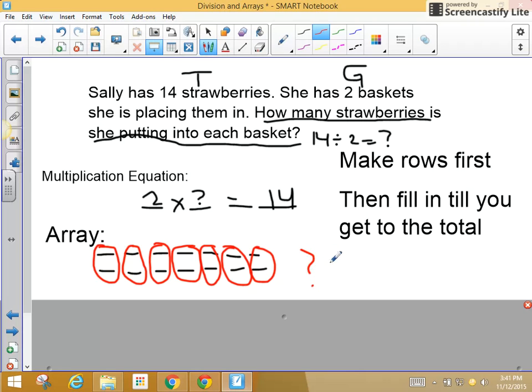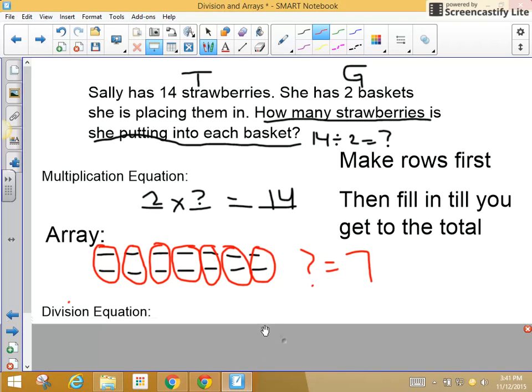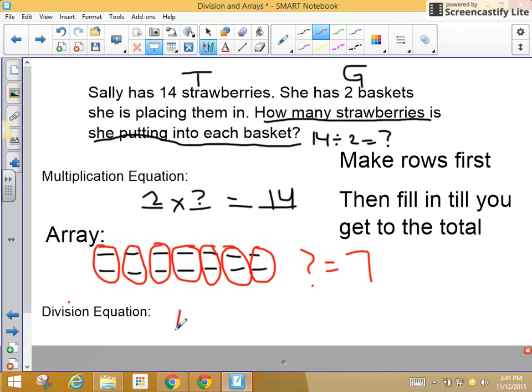It actually equals something now. The question mark now equals 7 because I made 7 columns. Now my division sentence is going to look like this: 14 divided by 2 equals 7. First you make your rows, then you fill in until you get to your total. You share equally until you get to your total.